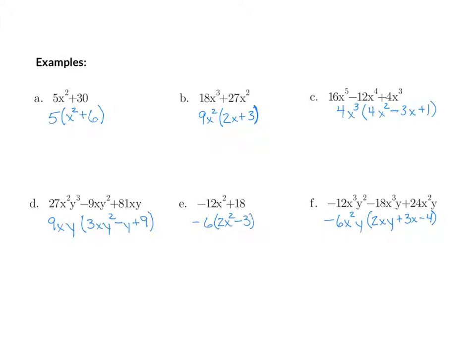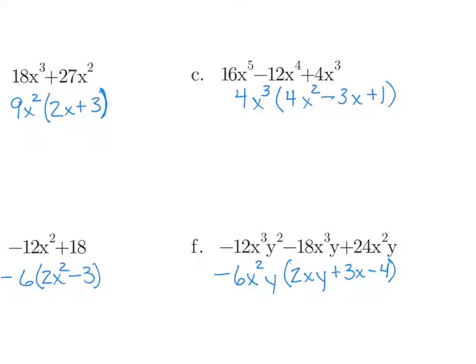In order to check this, what we're going to do is multiply back through. This is going to be distributing. So we're going to multiply 4x cubed times 4x squared. We get 4 times 4 is 16.